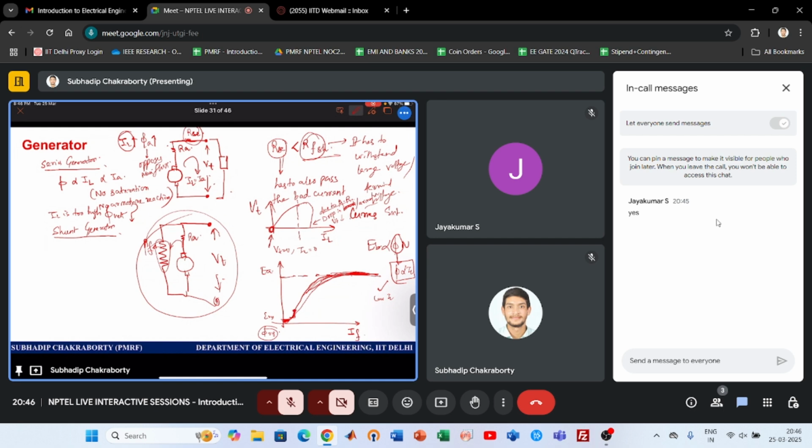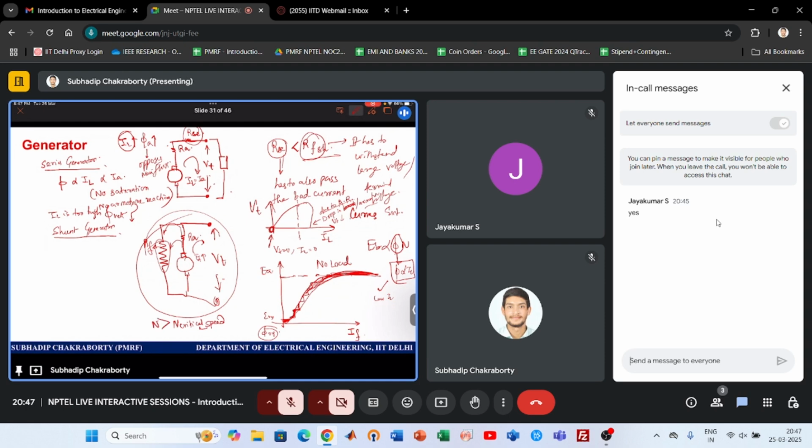Then this voltage further increased the flux. I am talking about no load, right? There is no current IA, so the complete current is flowing to generate the field and then the voltage, right? So this voltage is building up, but please understand there is a critical speed.